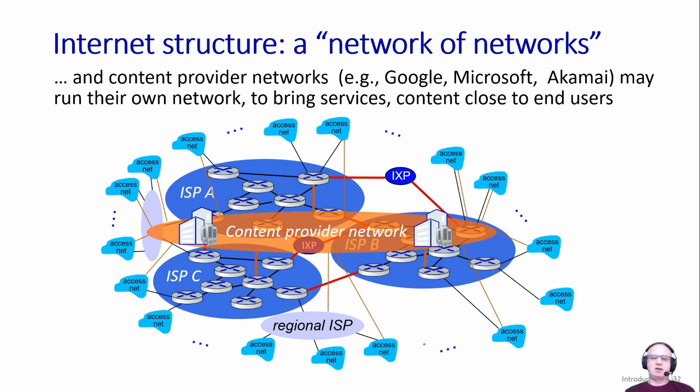So what they've done instead is they built their own network, they bought their own fiber, built their own backbone, and they then either peer or connect to IXPs in different parts of the country, so essentially they have become network providers themselves. So this is a trend that has occurred just during the last decade.